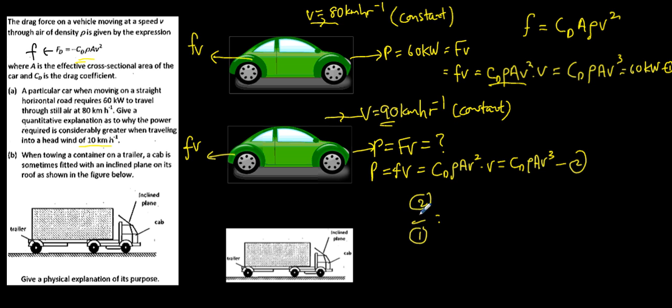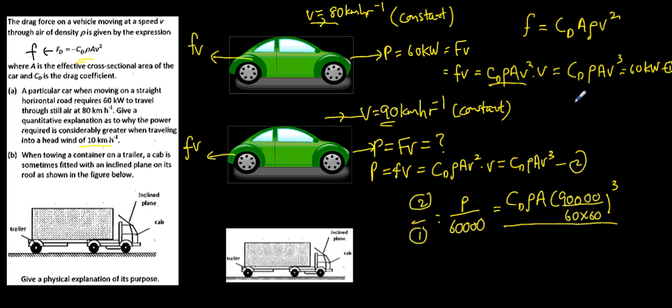The second equation is P divided by 60,000 equals CD rho A V cube, where V is 90 kilometer per hour. 90 must be changed to SI unit: per hour, 1 hour is 60 minutes, 1 minute is 60 seconds, cubed, divided by CD rho A V cube, but the V at the beginning is only 80 kilometer per hour, so we need to convert 80 to SI unit as well, meter per second.